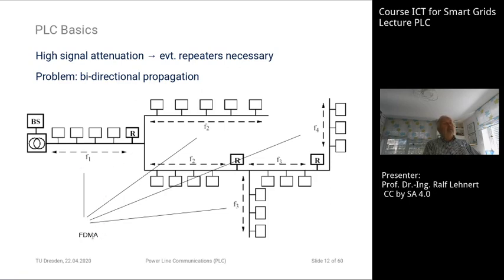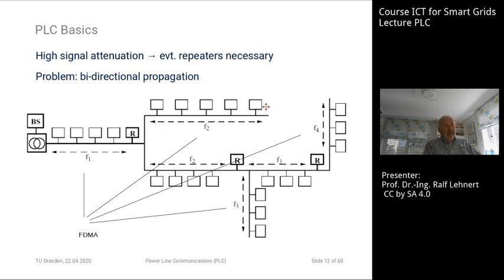Here I assume that we are using frequency division multiple access. That means we have a frequency range of different types, modulation we will discuss later, a frequency F1, which is used only from the base station to the first repeater, and then we forward the repeated signal with frequency F2.